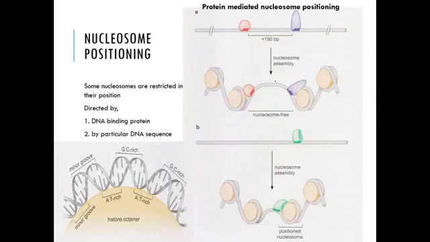You know DNA wraps around the histone octamer, so DNA has to bend over the histone octamer. So always the histone octamer prefers the region which is capable of bending.